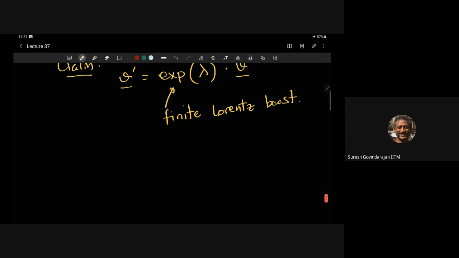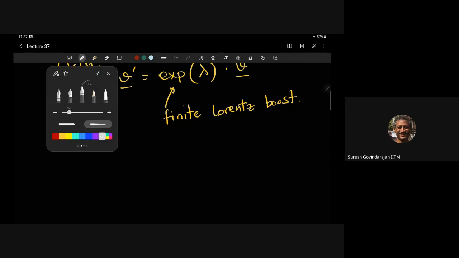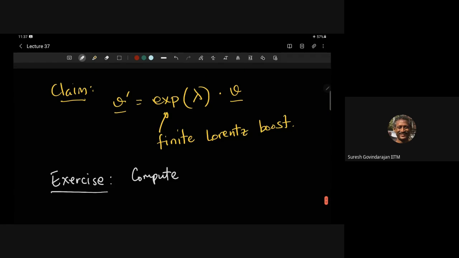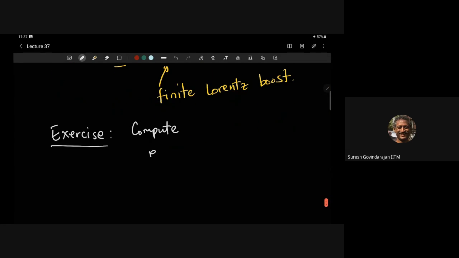Okay. So, exercise. Just do a simple case. Compute the exponential of this matrix 0, minus phi, minus phi, 0. I'll let you do this computation.